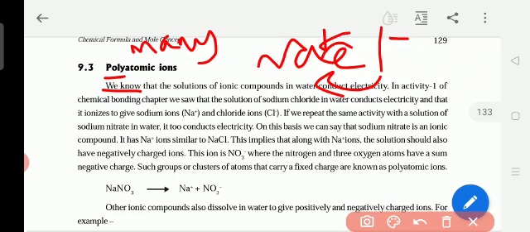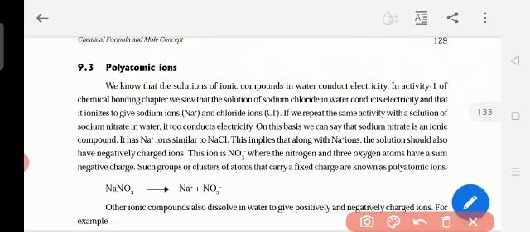Okay, if there are more ions, for example 2 plus, 3 minus, more than 1, if there are more than 2, we call it polyatomic ions. So we know that solutions of ionic compounds in water conduct electricity. Ionic compounds can conduct electricity because they have charges. In water they can conduct electricity.